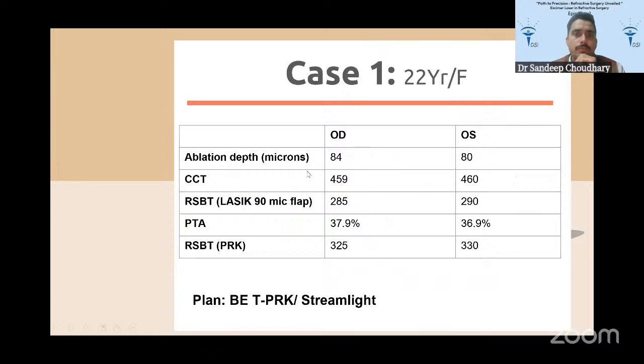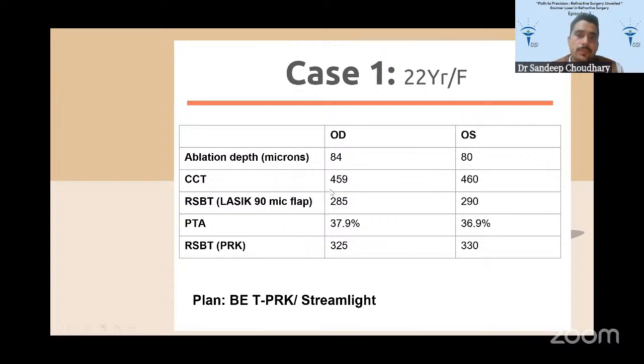So what were the options? If we calculate, the ablation depth would come around 80 to 85 microns in both eyes, and the central corneal thickness the patient had was around 450 to 460 microns. So the residual stromal bed, if we go ahead with LASIK, even with a 90 micron flap, would come around 285 to 290 microns, which goes below 300 microns, and the percentage tissue altered would be around 38 percent.